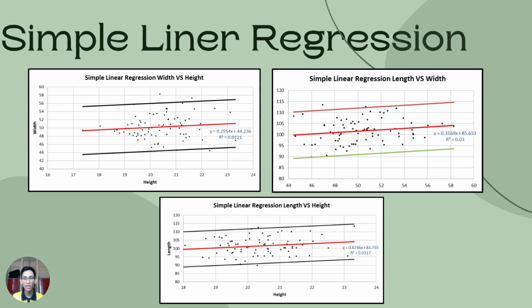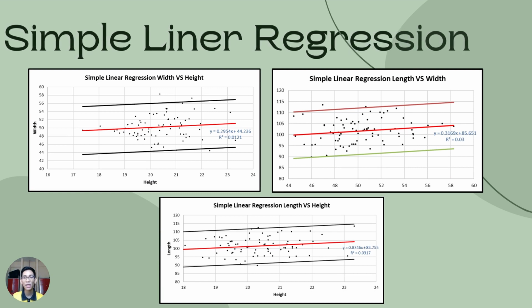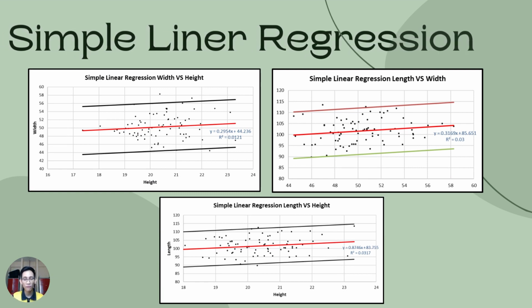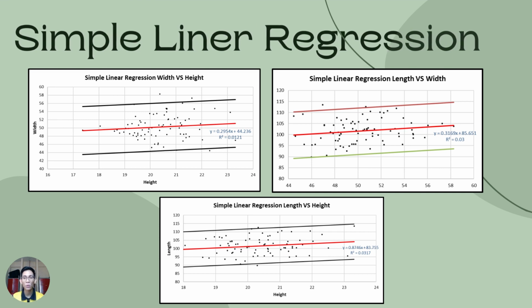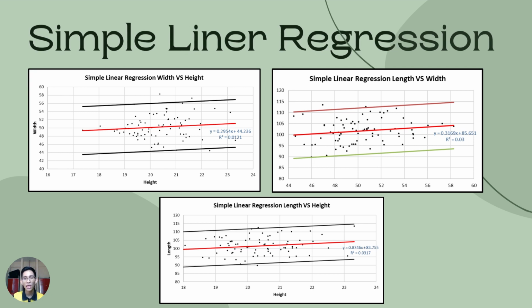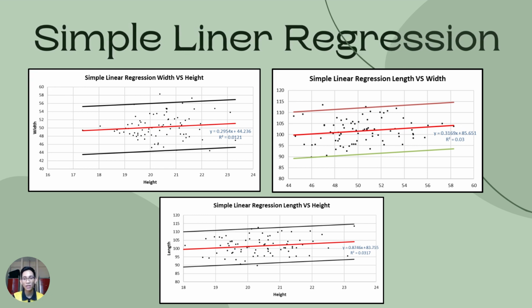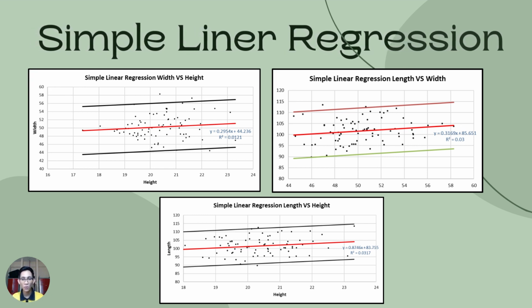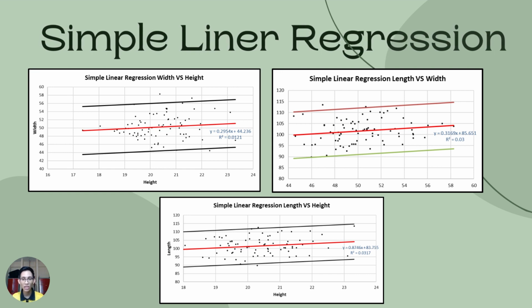For a simple linear regression, it has been determined by plotting the value of width versus height, where it shows three outliers at sample number 59, 62, and 70. Next, for simple linear regression for length versus width, it shown two outliers at sample 68 and 74.